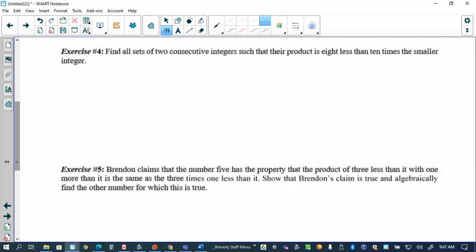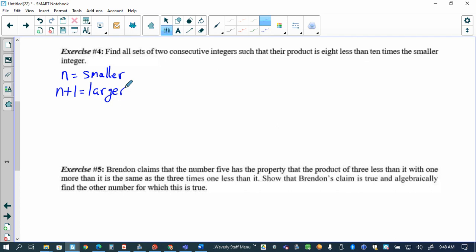The smallest one is going to be what? n equals the smaller integer, and the next one will be n plus 1, equals the larger. Unless they happen to be negatives, then you might want to think about it, but leave it that way for now.